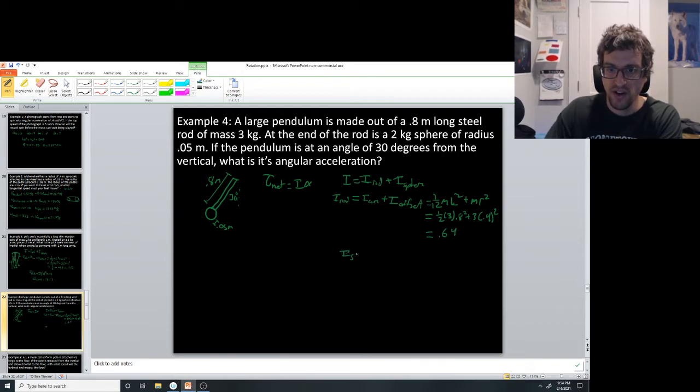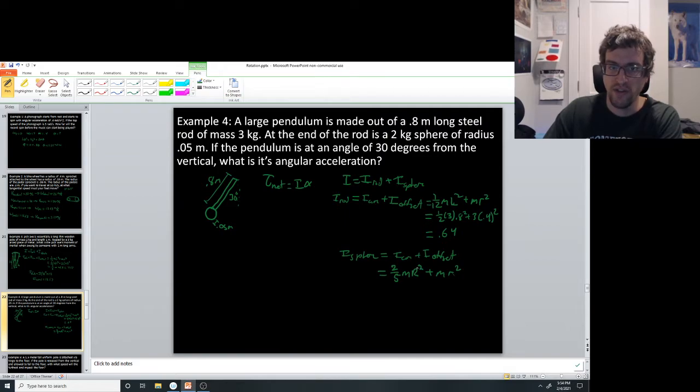And then I sphere is equal to I center of mass plus I offset. For the I center of mass, it's a sphere, so it's 2/5. We assume it's full, it doesn't say hollow. 2/5 M r squared plus M r squared.